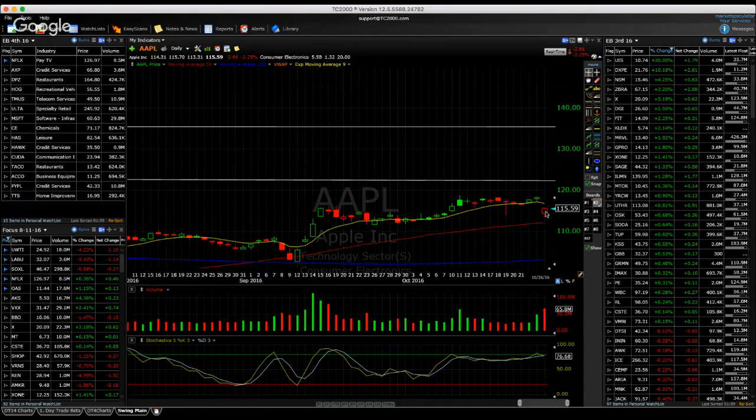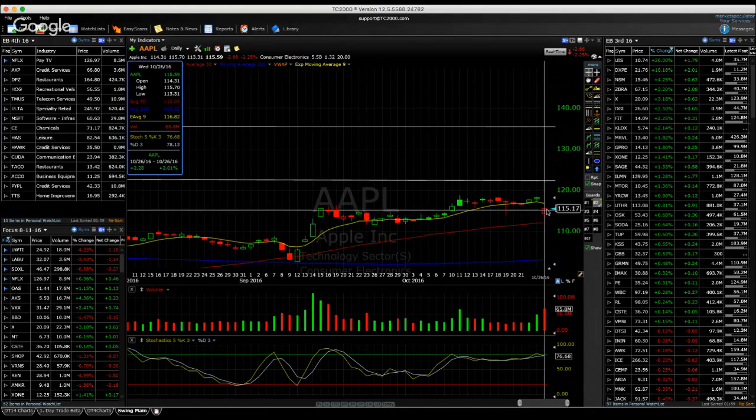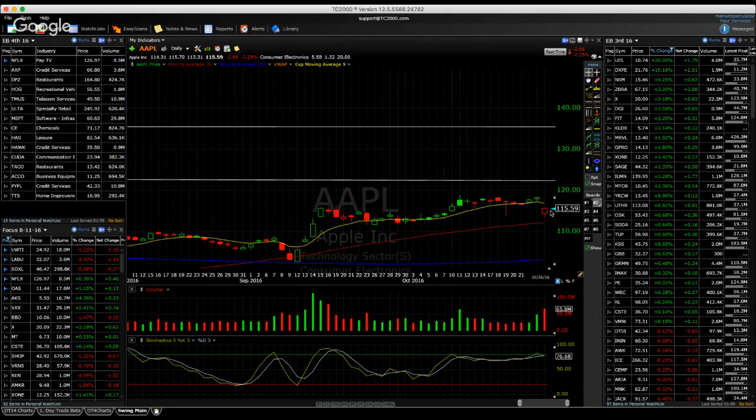So what we're going to look for is potentially a range to form, say 113 to 116. And if at some point we start to get into the gap range, that will trigger a long setup for us. We can set a target up around 118 and even play a break over that level. So that would be setup number one, the gap down reversal.